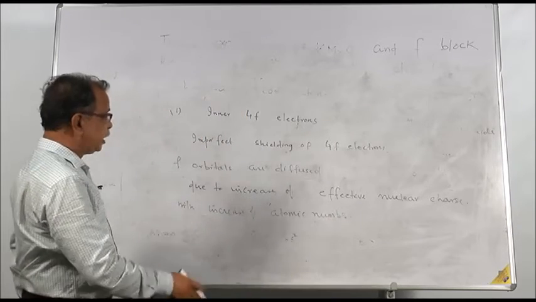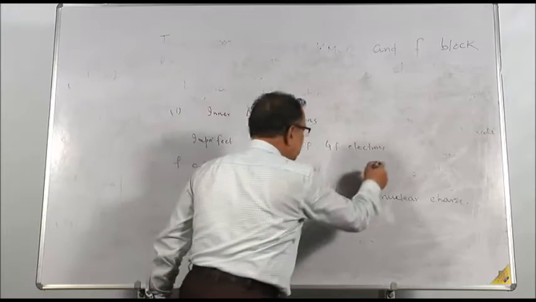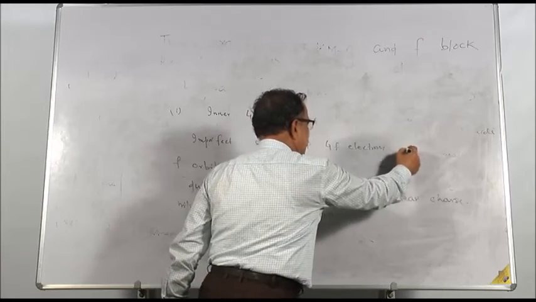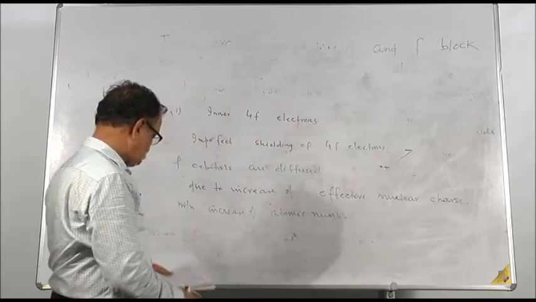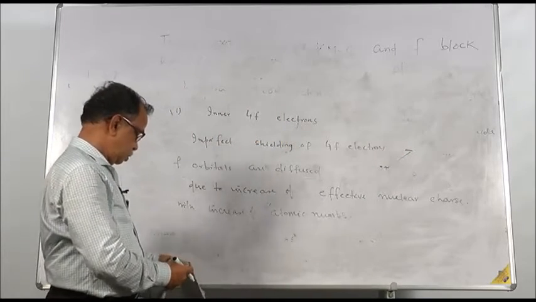The force of attraction between the nucleus and the electrons increases and the size decreases. This is one of the causes of lanthanide contraction.